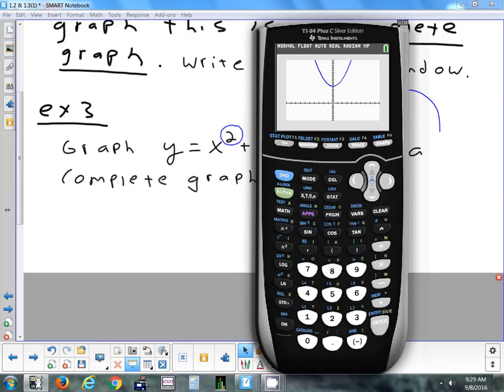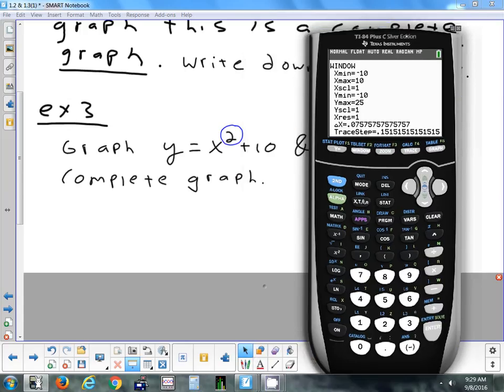What did you find for the x-min? X-min and x-max, just your standard window, negative 10 to 10. Oh, what was the y equals? X squared plus 10. Okay, a value that I would say would not be good for y max, I wouldn't type something in like 500. It's going to make the parabola look very skinny.